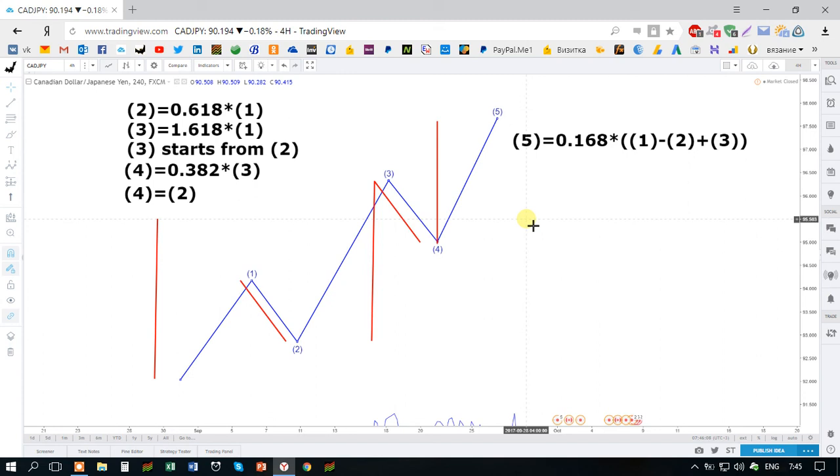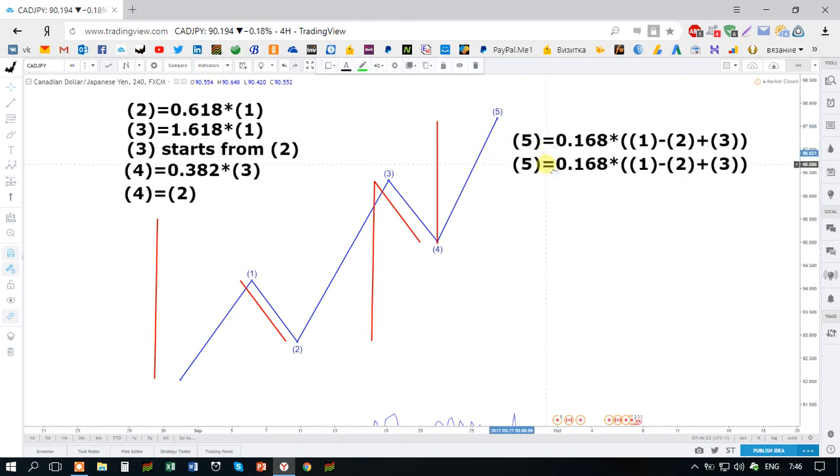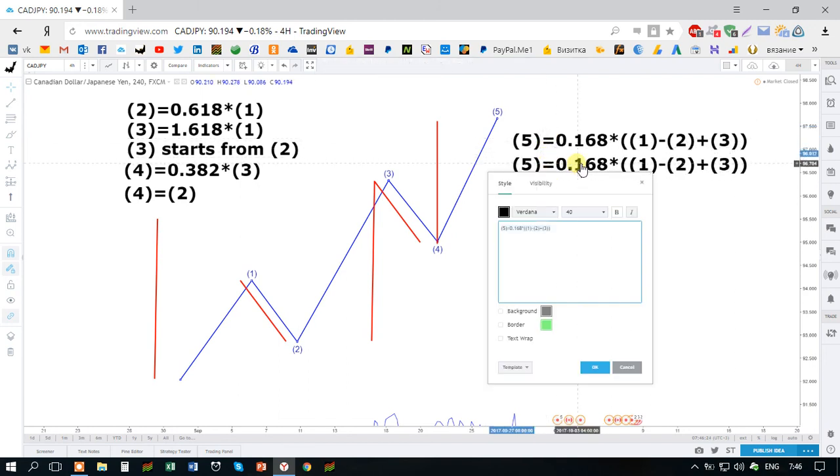wave 5 equals wave 3 plus 0. Yes, we can calculate this. Okay, let me clone it this way. Okay, we should calculate this. Copy.